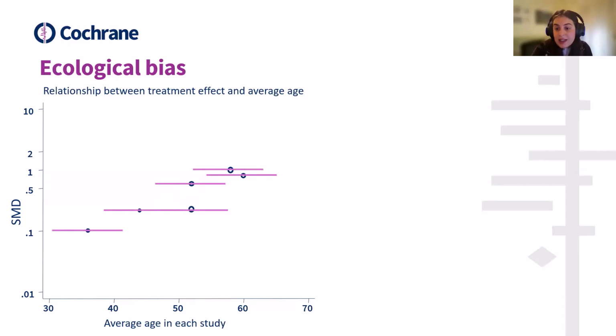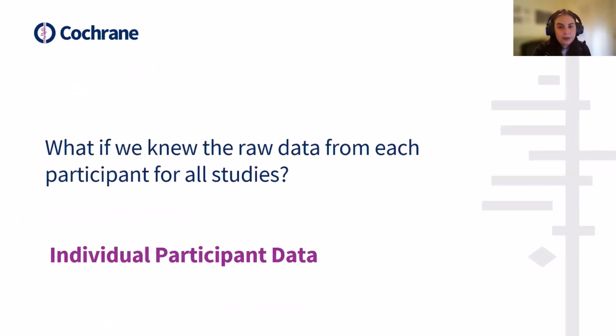So in this case, a meta-regression suggests, for example, that older patients benefit more, but that conclusion is misleading because the relationship can be entirely due to differences between studies and cannot be due to a true effect of age within individuals.